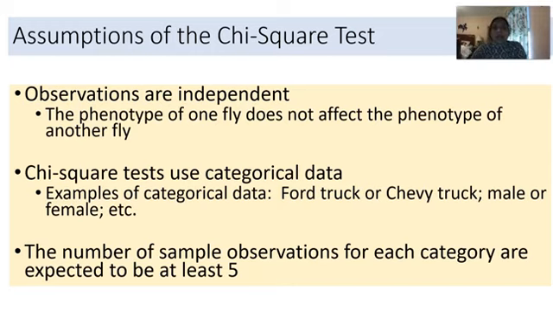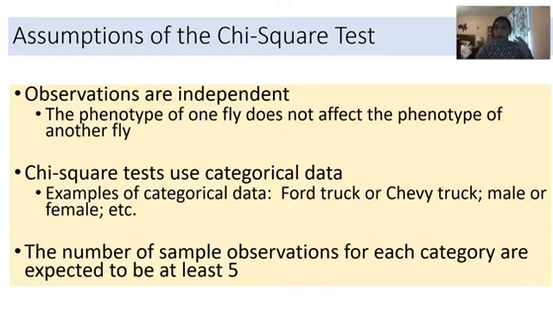The second is that the chi-square test uses categorical data, right? So that basically means that we need to have actual data for it, actual numbers, with clear-cut categories. We have to have very clean categorical markers, clear dependent variables or clear phenotypes we're observing.